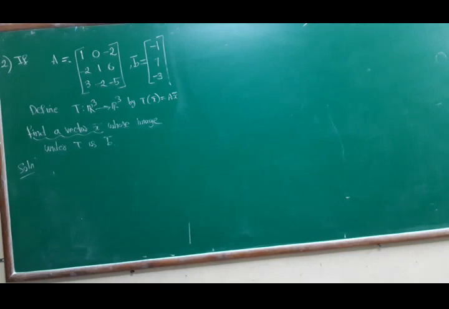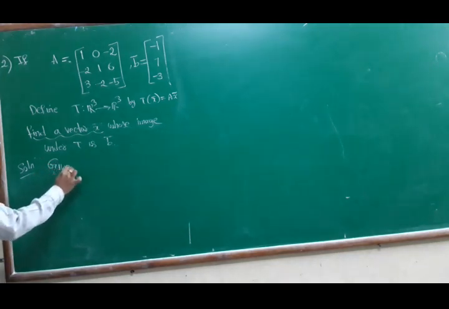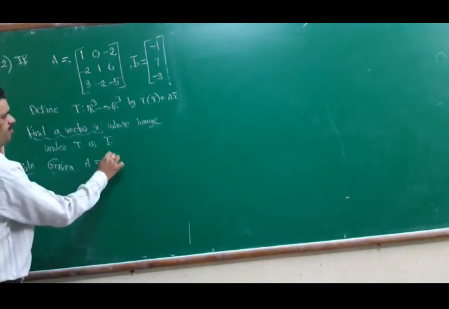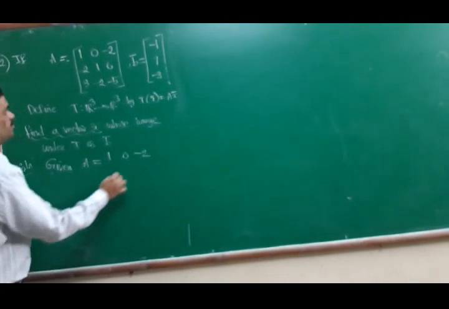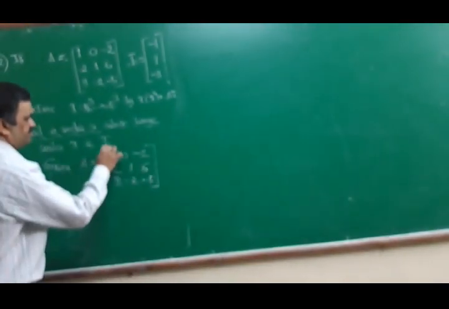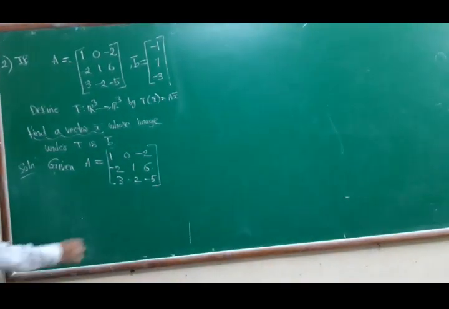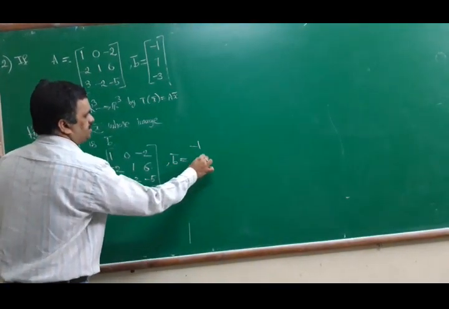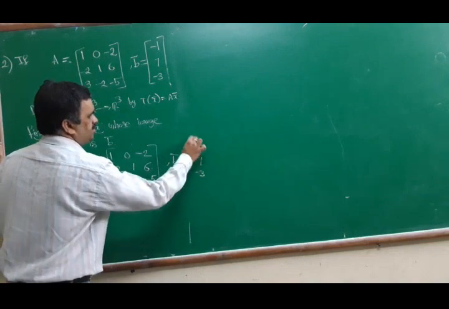So we have to find x bar. Before that, given A equal to 1 0 minus 2, minus 2 1 6, 3 minus 2 minus 5, and b bar equal to minus 1, 7, minus 3.